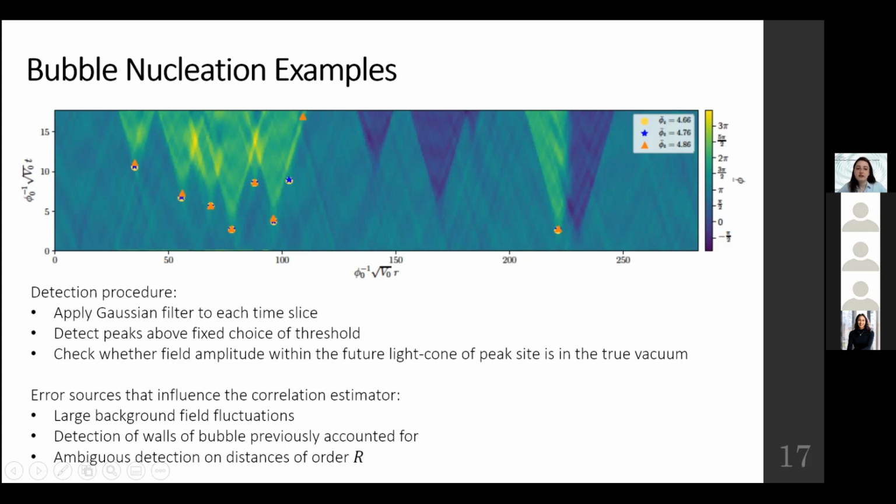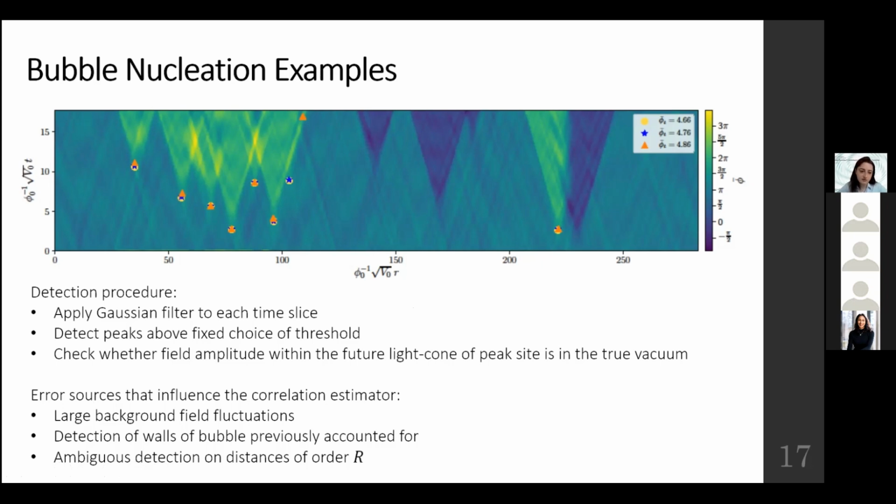And this motivates a pretty simple, I would say pretty intuitive detection procedure. Well, first, of course, we need to get rid of the high frequency peaks that pollute the signal. So we apply a Gaussian filter. The filter has to be necessarily smaller than the critical bubble size, such that we do not obscure the very quantity that we're trying to obtain.